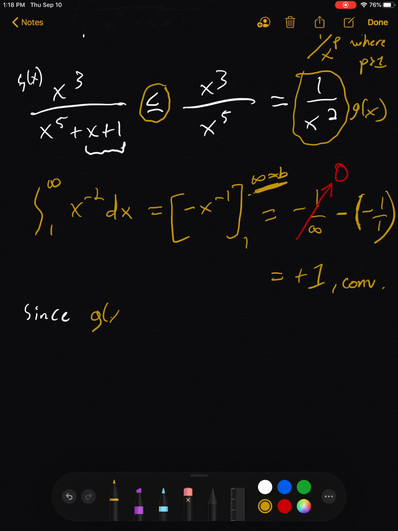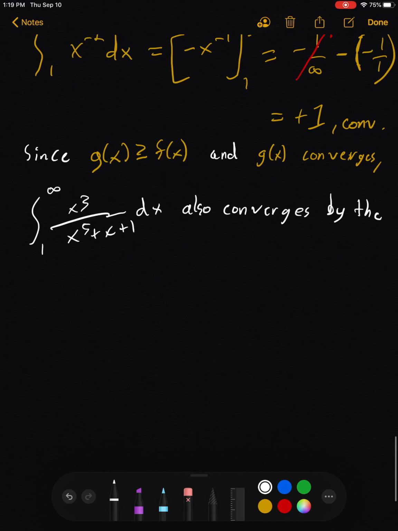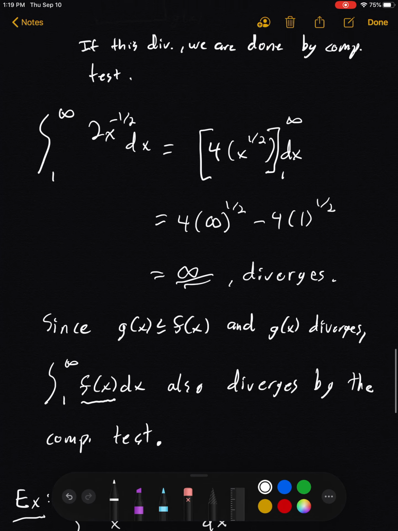Since g of x is greater than or equal to f of x, and g of x converges, the integral from 1 to infinity of x cubed over x to the 5th plus x plus 1 dx also converges by the comparison test.